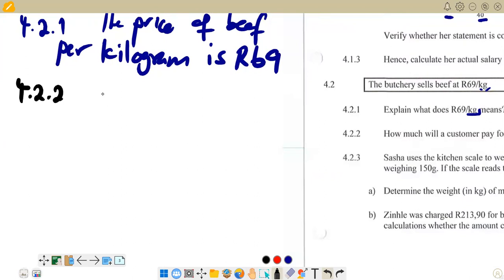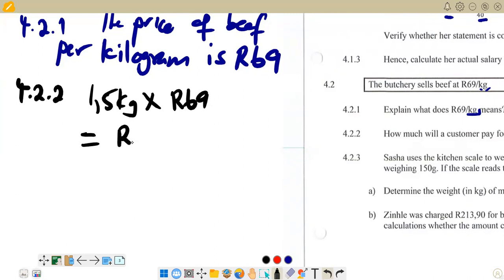If 1 kg is 69 rands, for 1.5 kg we just multiply 1.5 kg by the amount per kg, which is 69. If you multiply correctly, 1.5 times 69, you are going to get 103.50.